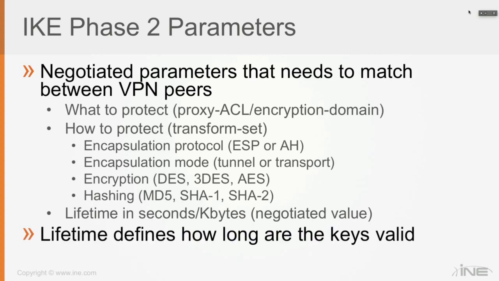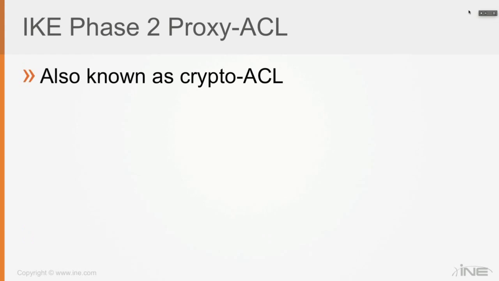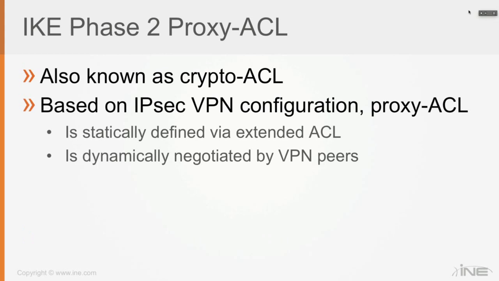And of course, the lifetime defines how long the keys from phase 2, which are the keys used to secure the data plane traffic to the IPsec tunnel, are valid. Now let's take it one by one. The proxy ACL is also known as the crypto ACL or the encryption domain. Based on the IPsec VPN tunnel configuration, because we have a lot of options, the proxy ACL can be either statically defined via an extended ACL, or dynamically negotiated by the VPN peers.